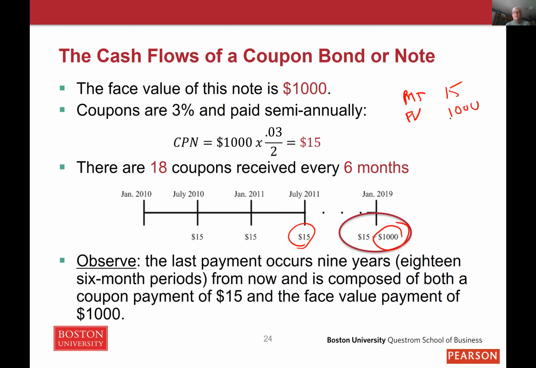You don't add the $15 payment into the future value because this payment is already in the payments. When we tell it N, N is the number of periods. Again, go back to what we were doing when we did APR and EAR and things like that. We have to match the periods and the interest rates together.